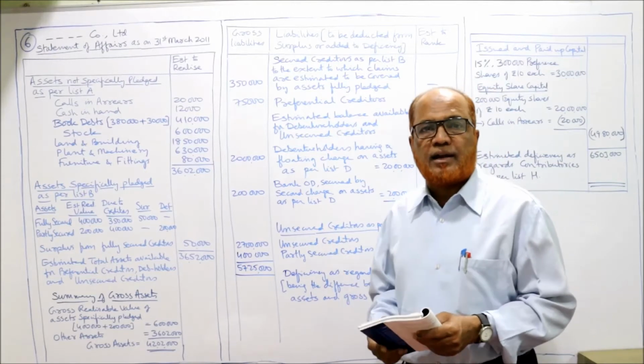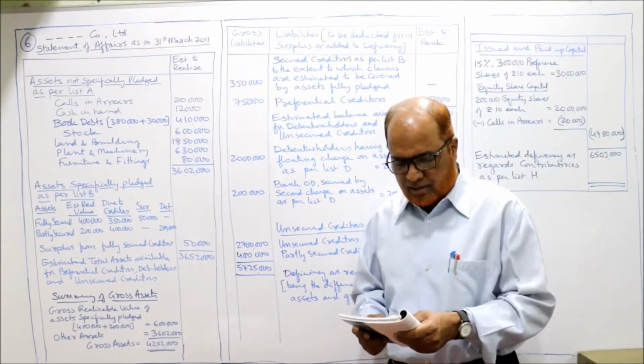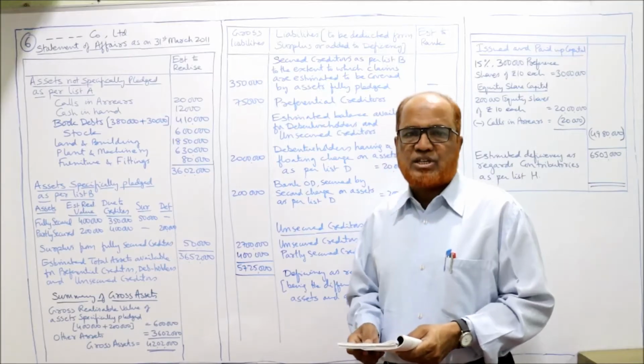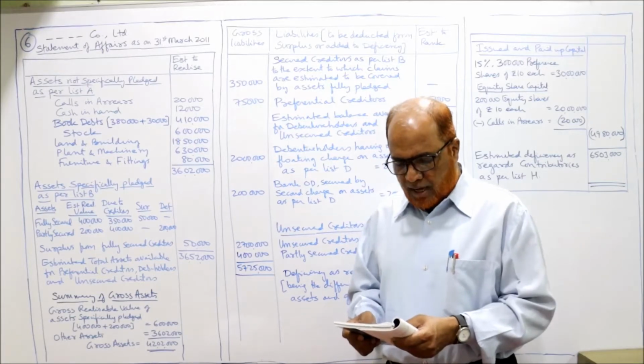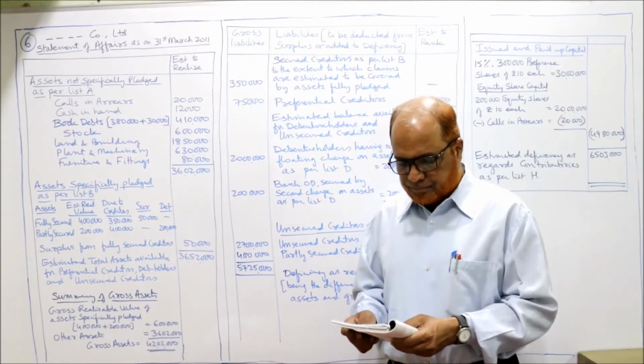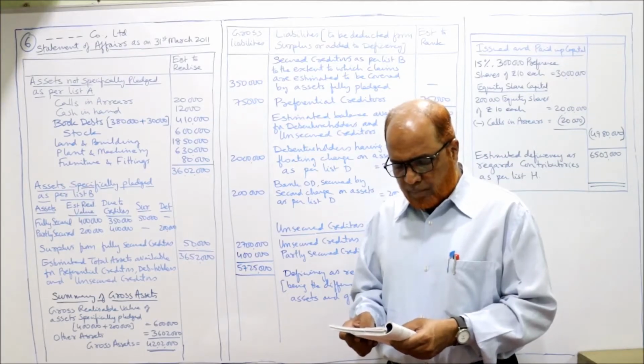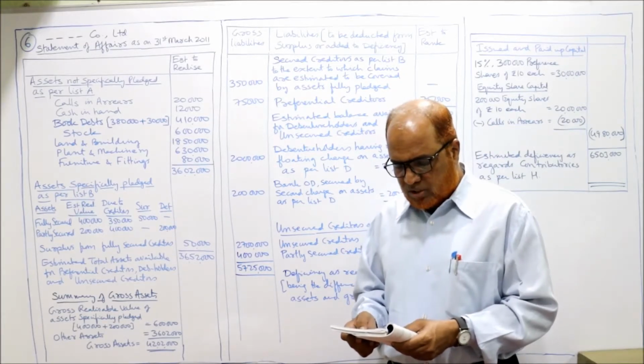The remaining 2 lakh rupees which is still to be paid, we have to take under list E, unsecured creditors. Preferential creditors for wages, list C. Unsecured creditors, list E. Bank overdraft secured by second charge on the whole of the assets, 2 lakh.